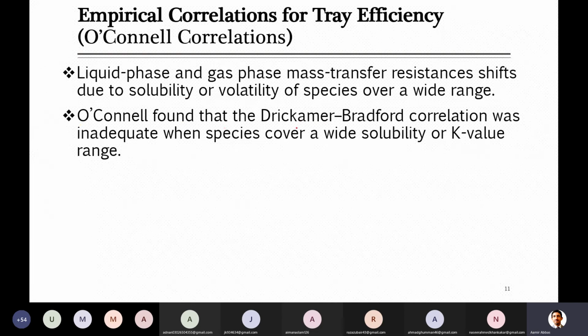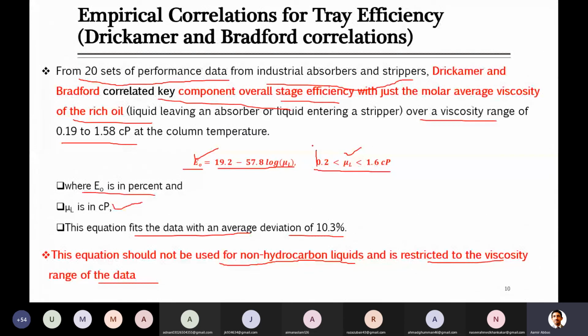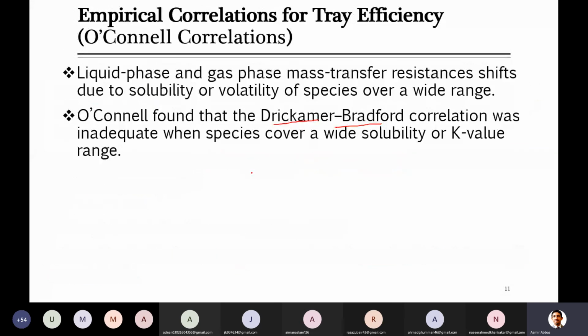Then the scientist O'Connell found that the equation developed by Brickmer and Bradford, shown on the last slide, was not sufficient, or was not providing good results, even for systems involving hydrocarbon, although they satisfied the viscosity condition. If a number of parameters are involved, or a number of components are being absorbed or stripped, then there will be a large amount of data, and in that case this equation was not predicting good results.